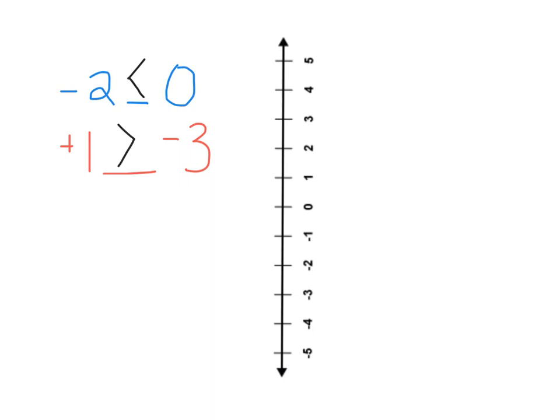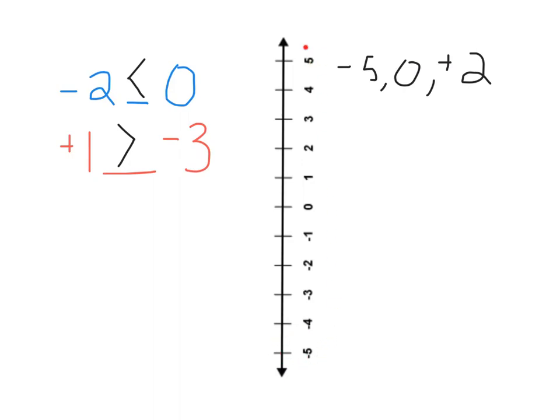Now, if we're going to order integers using a vertical number line, the numbers on the top are greatest, as we said, and the ones on the bottom are smaller. They're the least numbers. So if we have the numbers negative 5, 0, and positive 2, and we're told to put them in order from least to greatest, the least is down here toward the bottom.